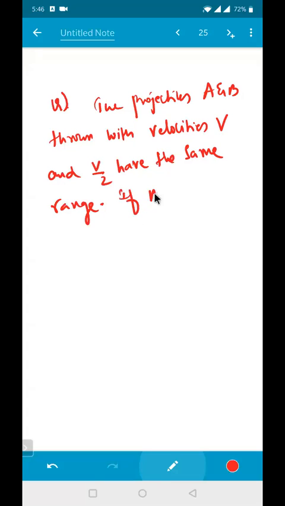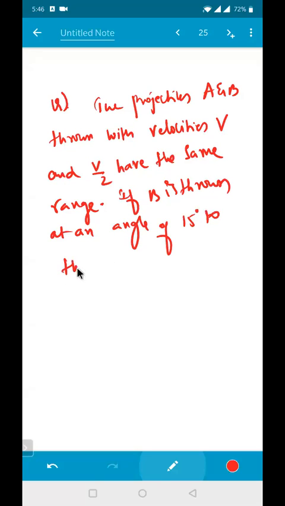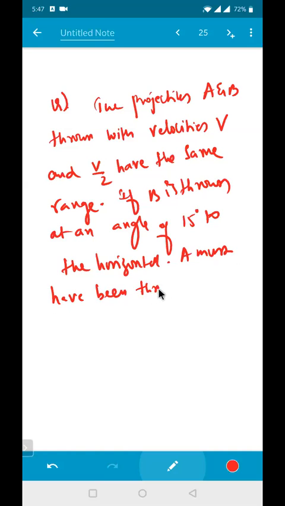First of all, if B is thrown at an angle of 15 degrees to the horizontal, A must have been thrown at an angle. Come on, try to do it.